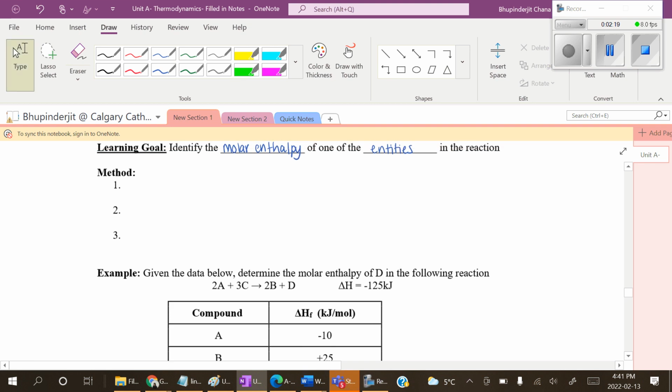Here's the method. Sometimes they provide the values for you in a test question, but most of the time you're going to have to use pages 4 and 5 in the data booklet to identify your delta H formation, delta FH, of compounds.